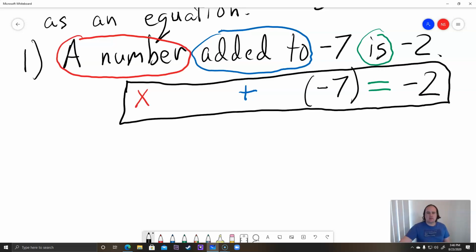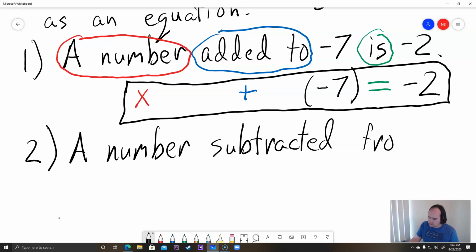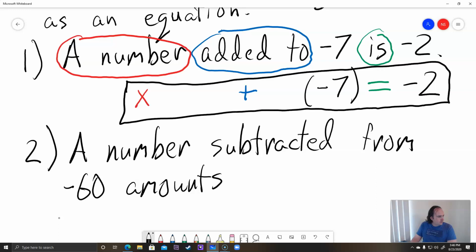So let's see another example. Example number 2. For this example, the English that they're giving us is a number subtracted from -60 amounts to 146.